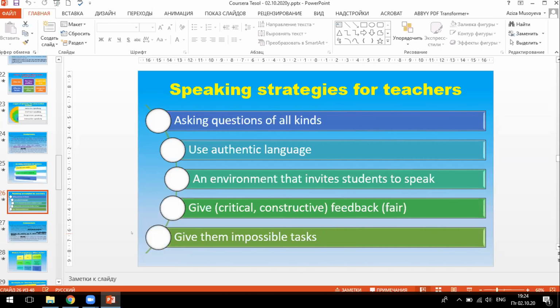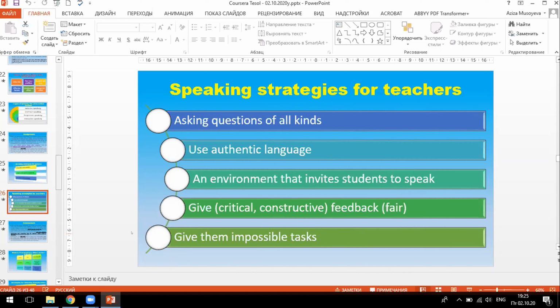If you always give them feedback, like immediate feedback when they have mistakes, they may sometimes become very shy, or they can close up and not want to speak. You also need to give critical and constructive feedback, which is fair.